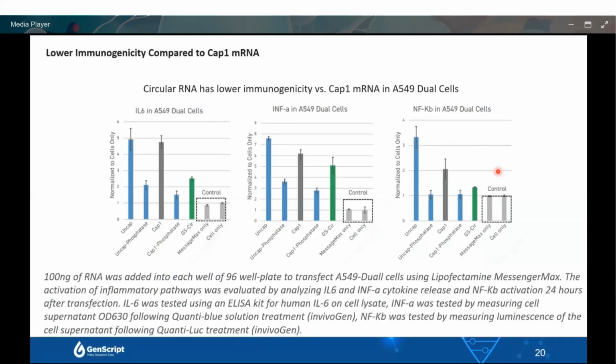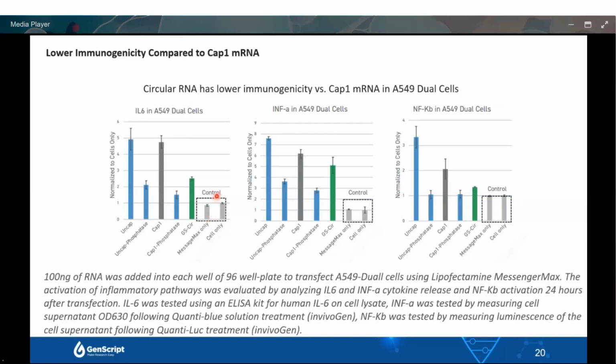And the last advantage is the lower immunogenicity compared to Cap1 mRNA. So here's the circular RNA in A549 cells, and we tested the cytokine expression.